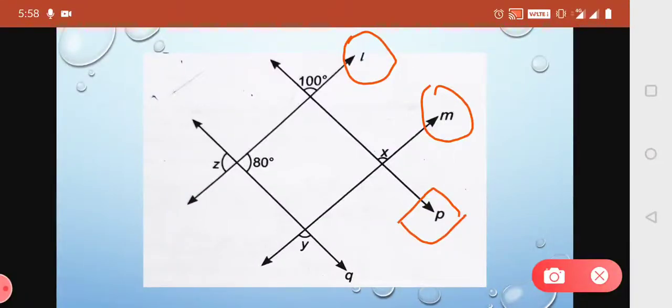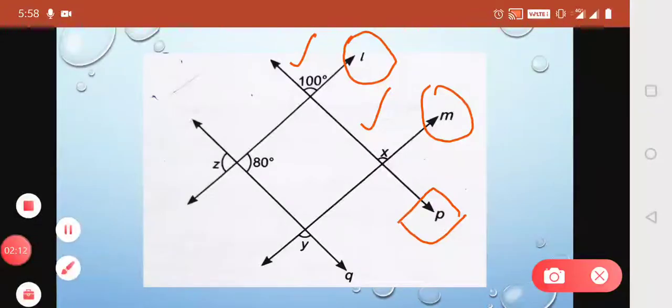When a transversal intersects two parallel lines, we get some pairs of angles which are equal, from which one of them is corresponding angles. So looking at the figure, we can see that x and 100 degree makes a corresponding pair. So therefore, value of x will be equal to 100 degree.